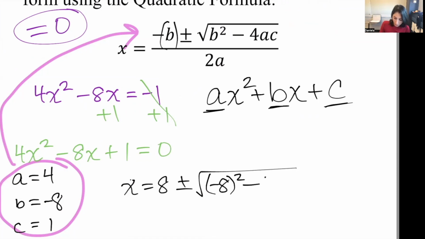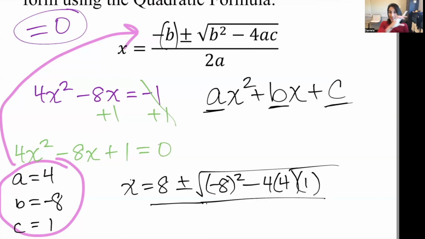So -4 times A, which was 4, and then times C, which is 1. Now, a super common mistake I see is people might just put that as the numerator, but be careful: it's all over. That's the entire numerator of the fraction, and that's 2 times A, which is 4.